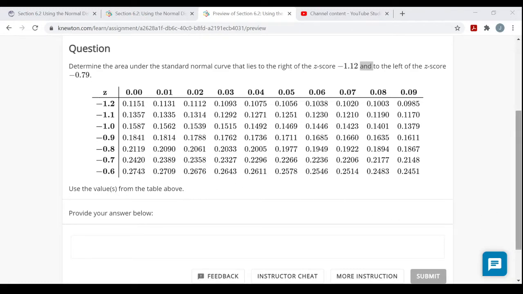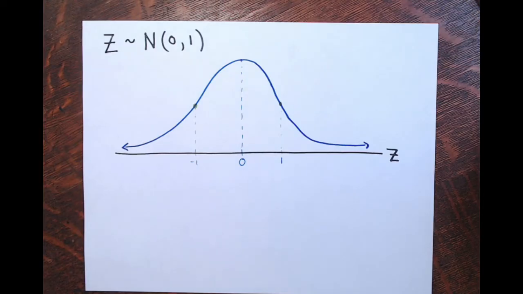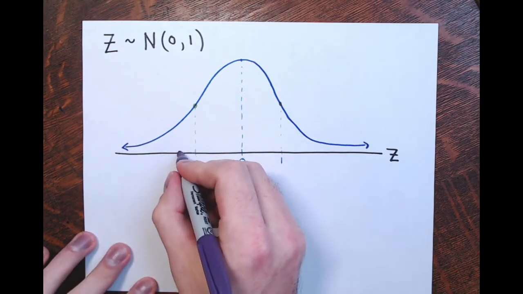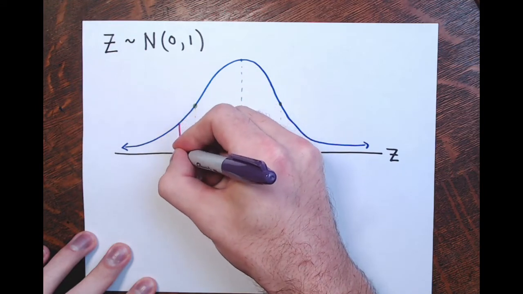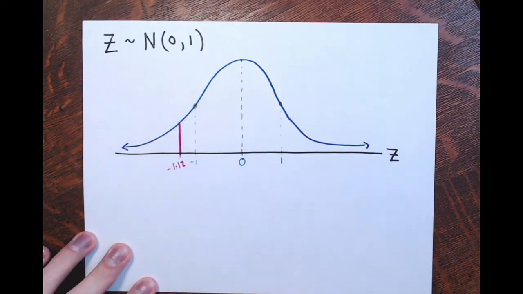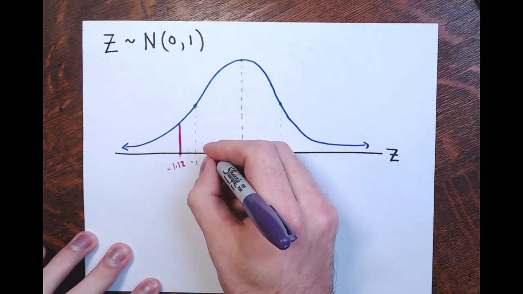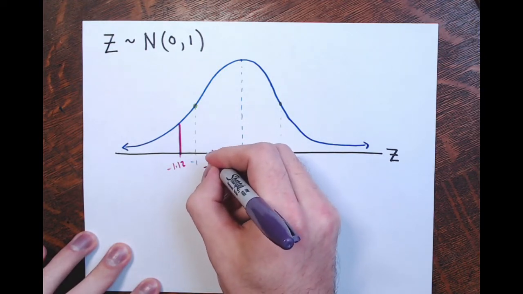So I'll mark off where these are. -1.12 would be over here somewhere, so let's say that's here, and -0.79, let's say that's about here.